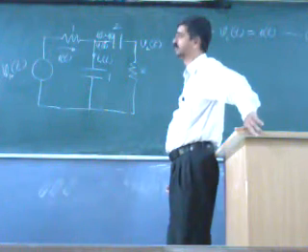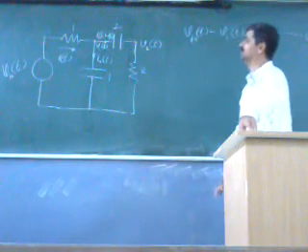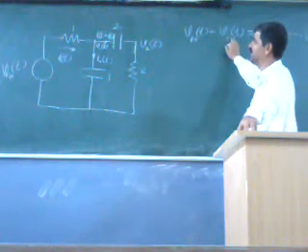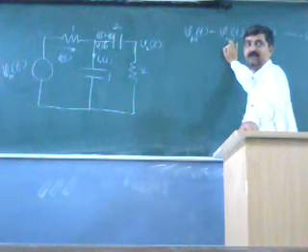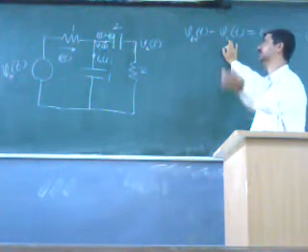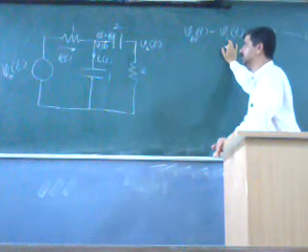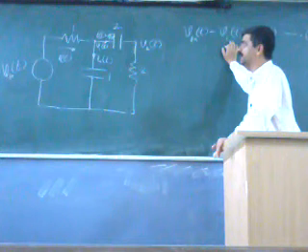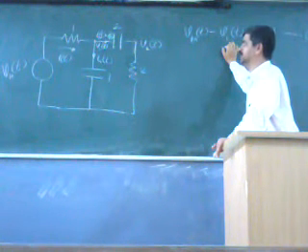Then ultimately we want a relation between V(t) and I(t). So V1(t) we must get rid of. For V1(t) we will also get another equation.